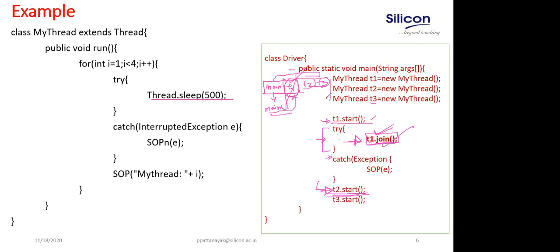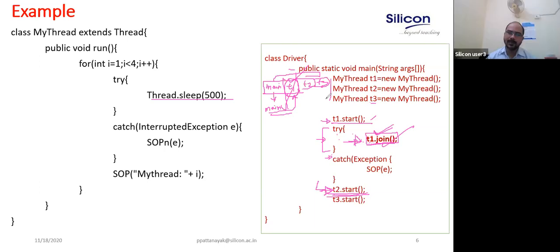Yes, sir. Okay, maybe suppose when it loads T1, memory may be full, the operating system may not execute T1. Sorry, T1 is already scheduled, right? When you join with T1, I'm not sure exactly, it may not allow you to join with this particular thread. When you invoke join, so many things are going on internally. Join means it has to block this particular thread, and T1 has to get a chance.